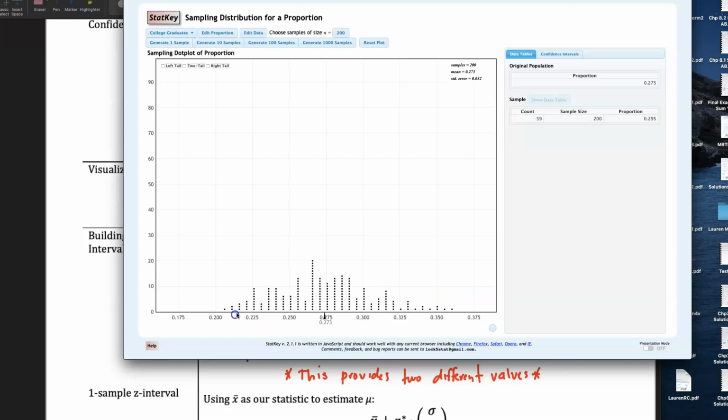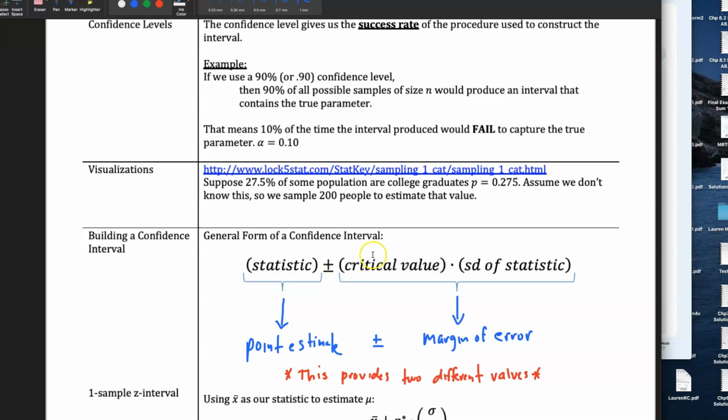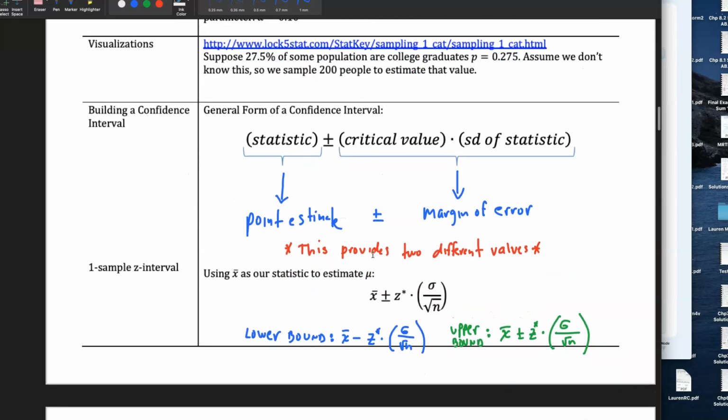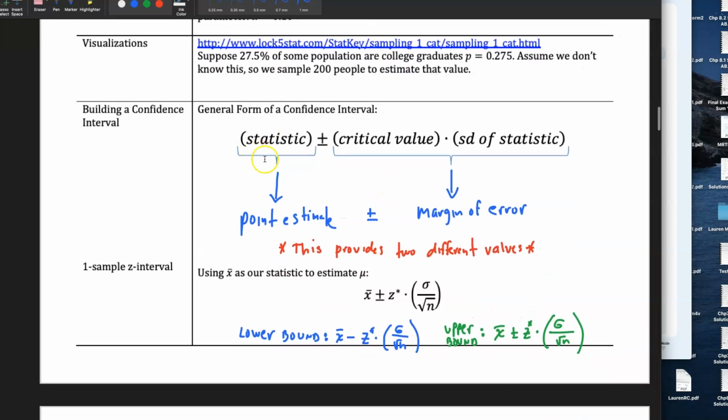We have some outliers here, and some out here, but most of them are within a range here. And so that's the idea. We're going to look at the sampling distribution to help us calculate a usual amount, right? 95% of the values fall within 2 values, which would be a question we've asked you before. So that's what a confidence interval is, and that's what we're looking at here as you build.